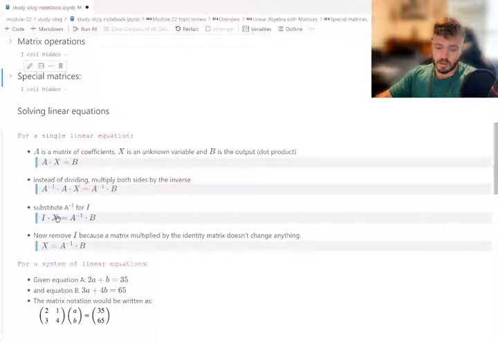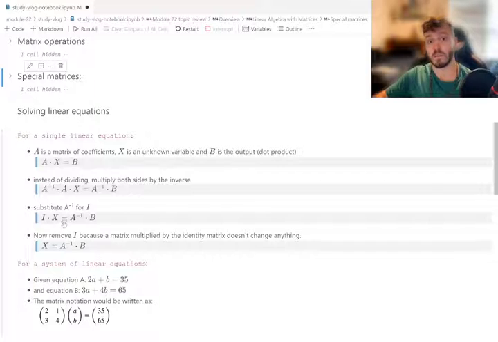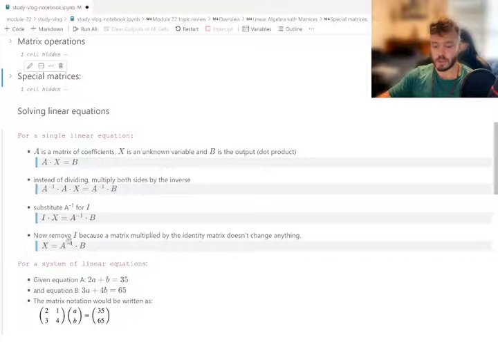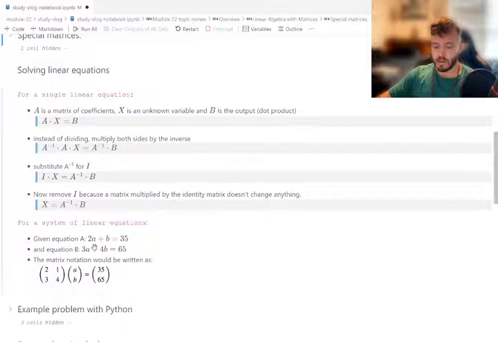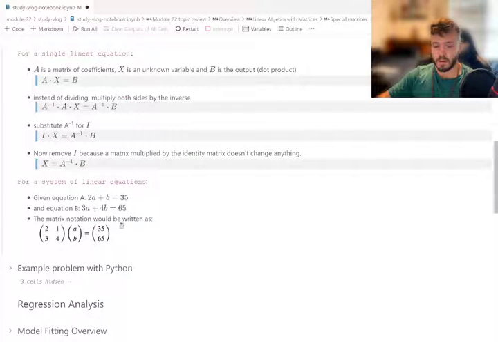The identity matrix is going to have to be the same as x, because you're going to have the same dimensions, right? So we know that x equals the inverse of A times B. And we already knew what A and B were in the first place, so assuming we had those matrices in front of us, we could easily do that calculation, right?